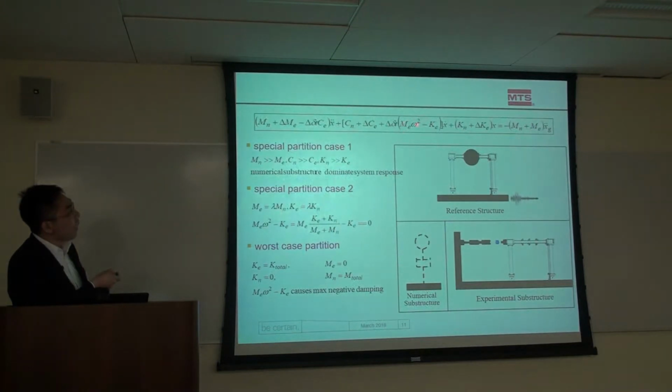And then this ME term is negligible because pretty much all the seismic mass is assumed numerically. So this is not going to counterbalance any of that negative damping. So in this case, even a very small control error could make your system go unstable.